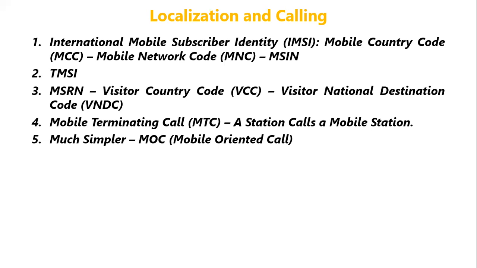In a mobile terminated call, the caller can be a mobile station or from a fixed network, but the end point, who is going to receive the call, is a mobile station. In a mobile originated call, a mobile station is going to make a call, and the receiver will be either a mobile station or a user from the fixed network.